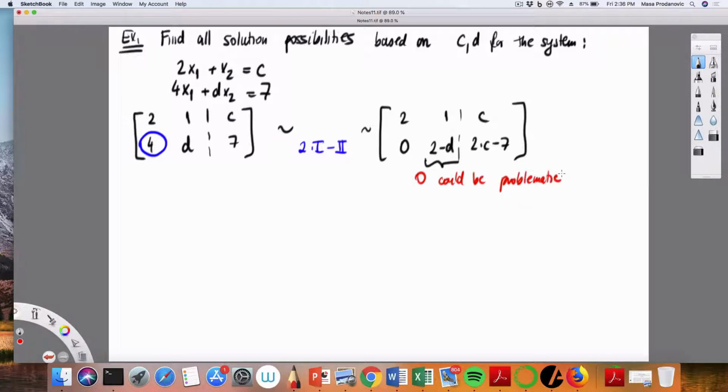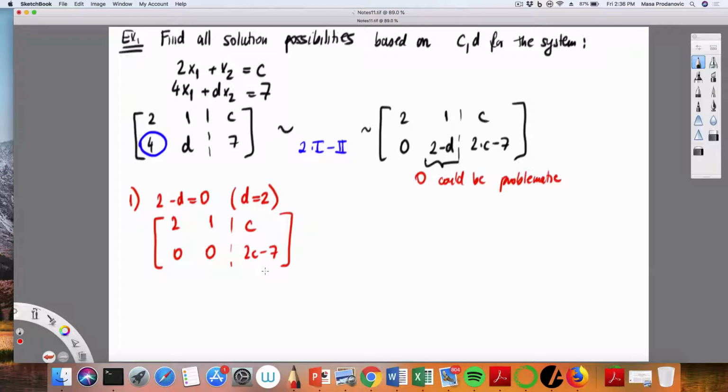So this is what we're going to analyze. If D minus 2 is equal to 0, basically D is equal to 2, then I have the system 2, 1, C, and 0, 0, 7 minus 2C. So if I'm going to have a solution at all, what has to be true for C?